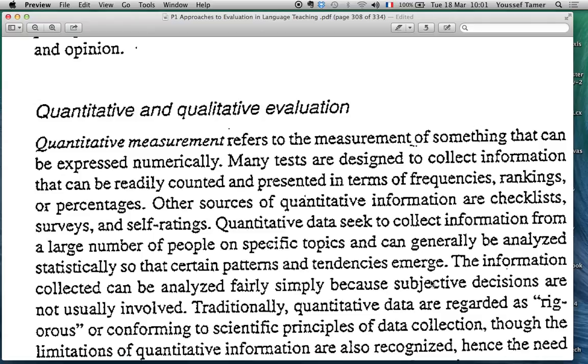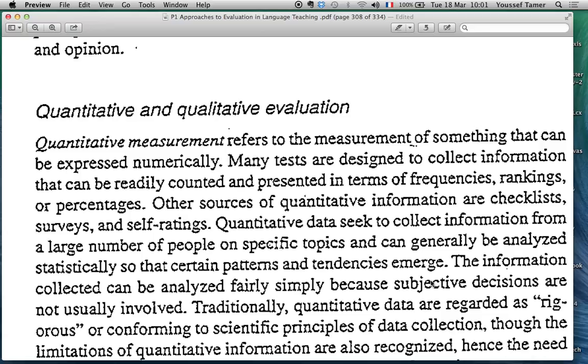The value of the quantitative approach is in terms of validity and objectivity. The value of qualitative research is in terms of interpretation, or generalizing, or basically interpreting the results. You get the results, and then you go into the qualitative approach in order to interpret them.